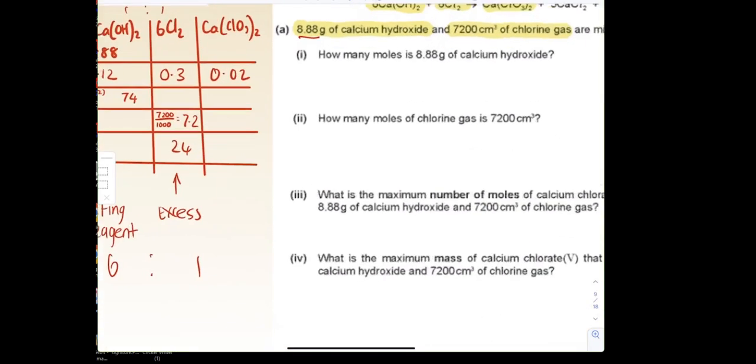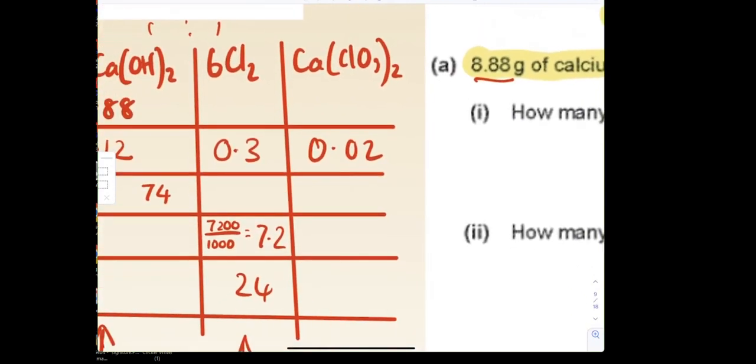So let's have a little look at what the MR might be of calcium chlorate. Well, we've got 40 added to 35.5 times 2 plus 16 times 6, because there's 3 times 2 oxygens. Let's put that into our calculator.